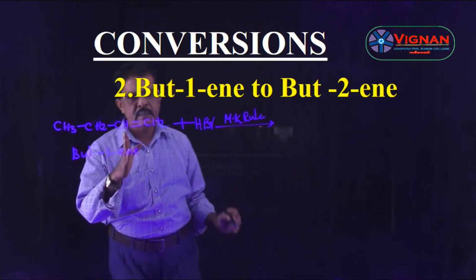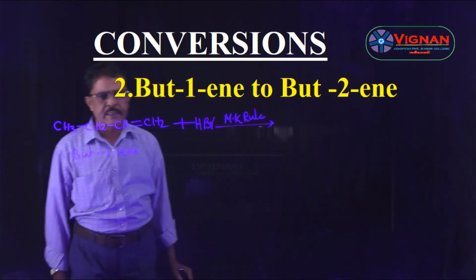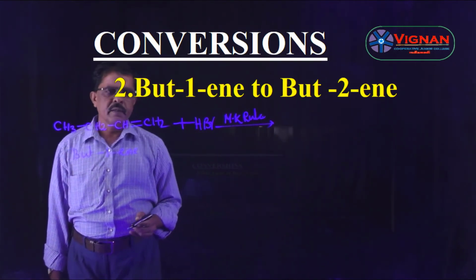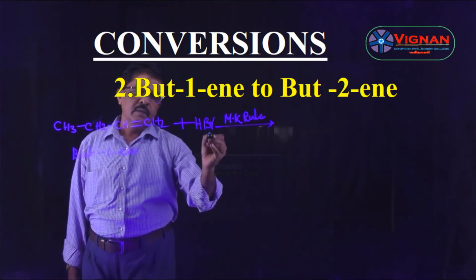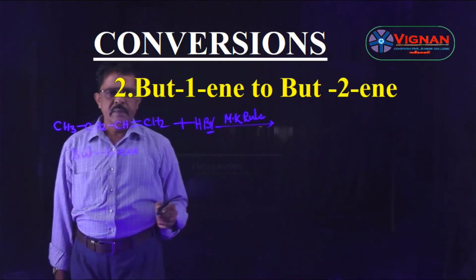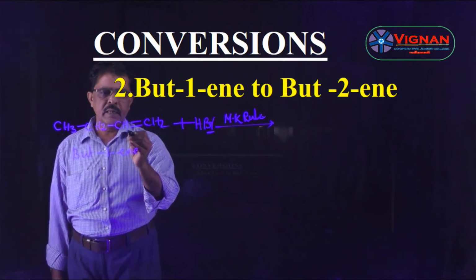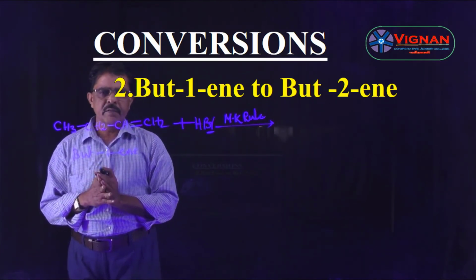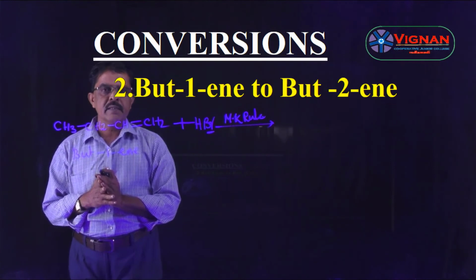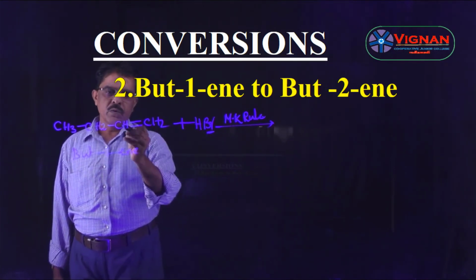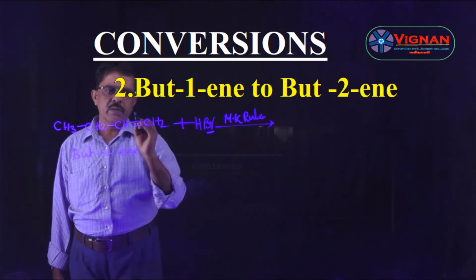Here this is an unsymmetrical alkene. In addition of HBr to this unsymmetrical alkene, the Br atom attaches to the double bonded carbon atom which has the least number of hydrogen atoms. So Br goes to the second carbon and H goes to the first carbon.